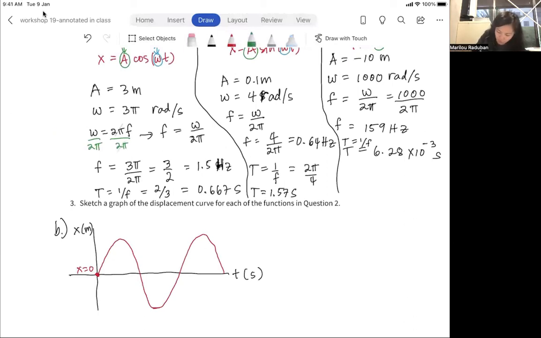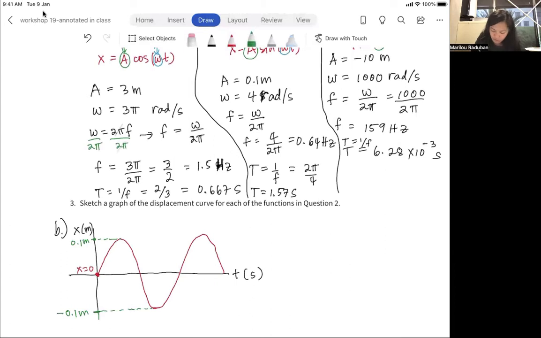Okay, it says we need to sketch with the correct amplitudes and all of that. So at this point, the amplitude should be 0.1 meters. Of course, here on the lower side, this should be negative 0.1 meters for the amplitude. And then the period is 1.57 seconds.